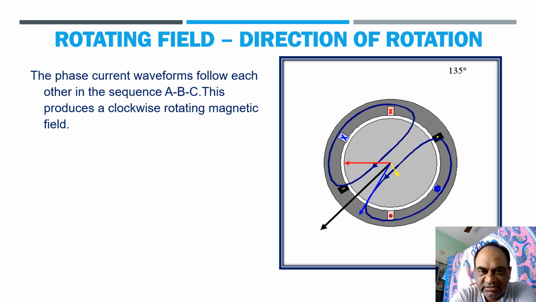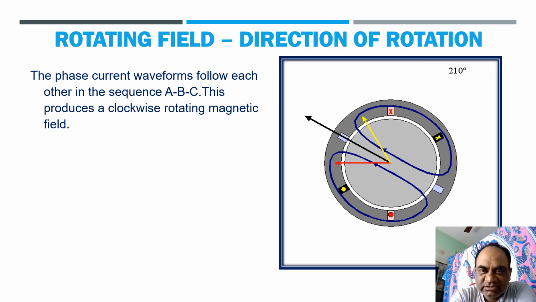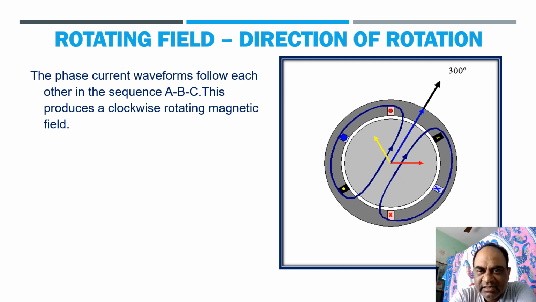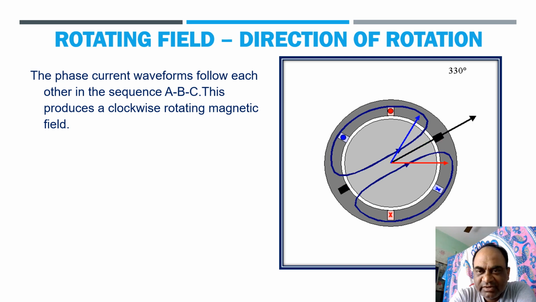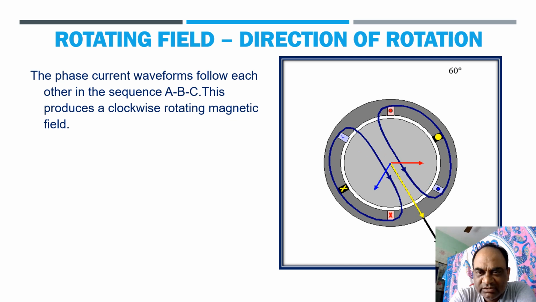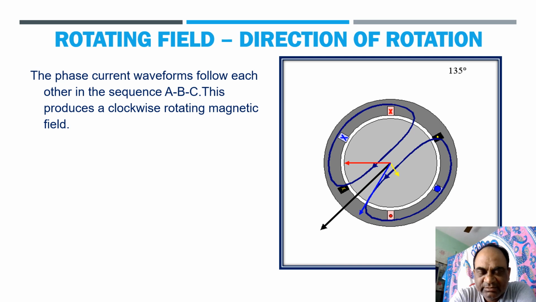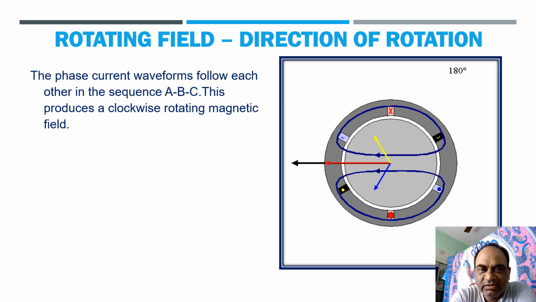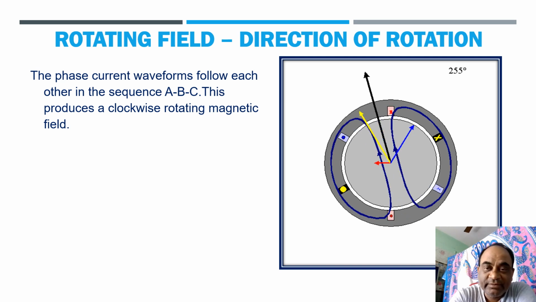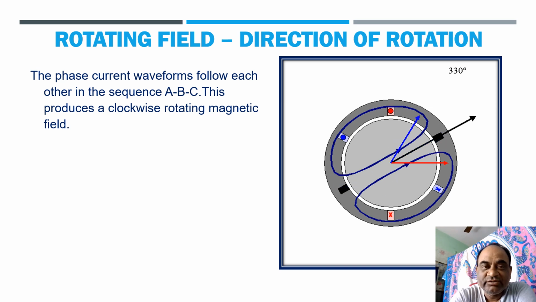It is constantly shifting, and you can see the size of the arrows of R, Y, B diminishing and increasing in a very orderly fashion; when two are reducing, the one is increasing, and that is how it happens. The magnitude of the flux in the air gap is maintained constant.